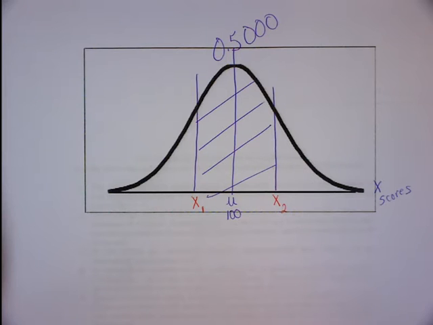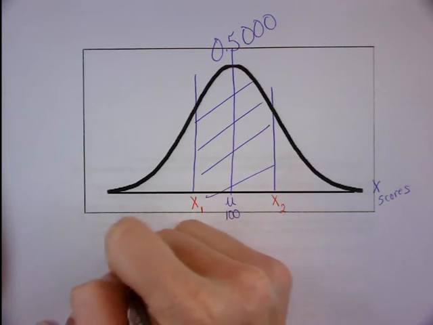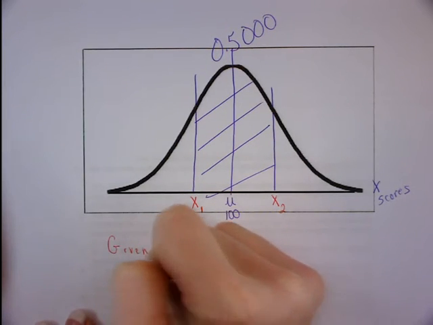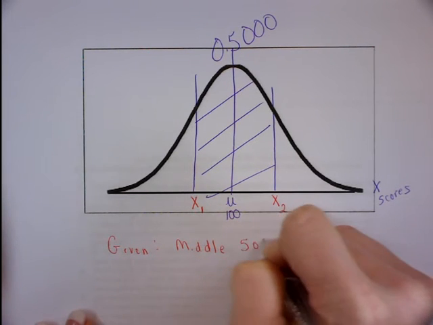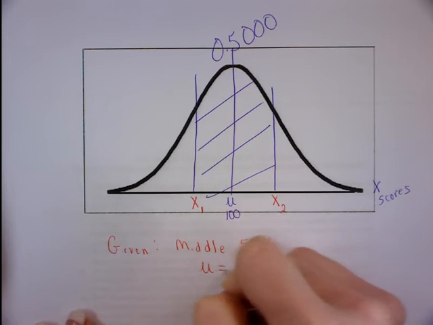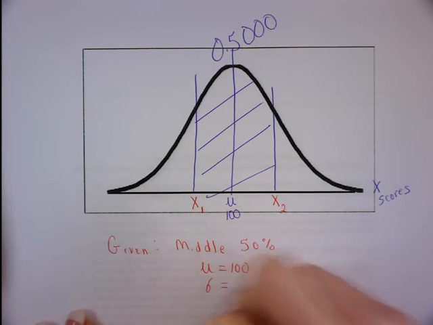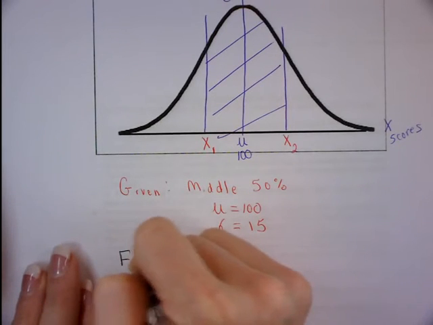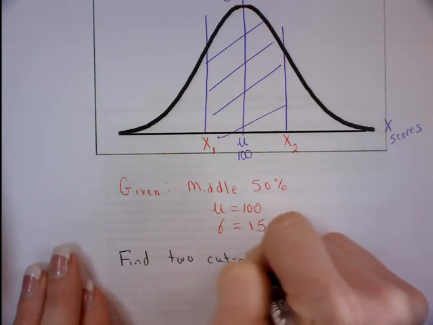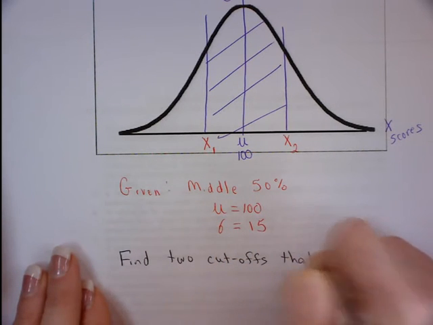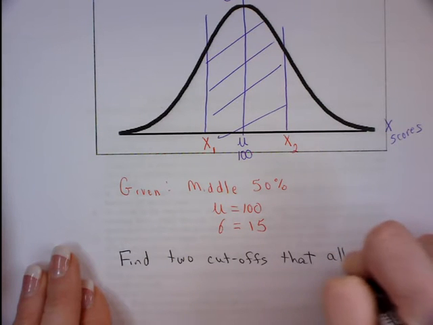So given, you only want to consider the middle 50%. And you know the mean is 100 and the standard deviation is 15. And they want us to find two cutoffs that allow participation in the study.